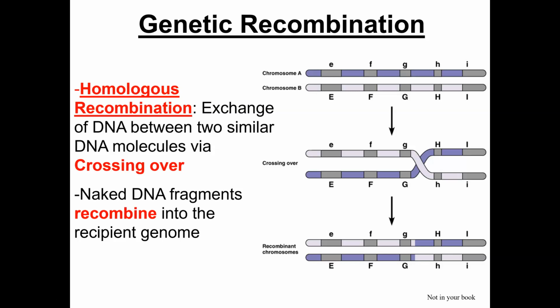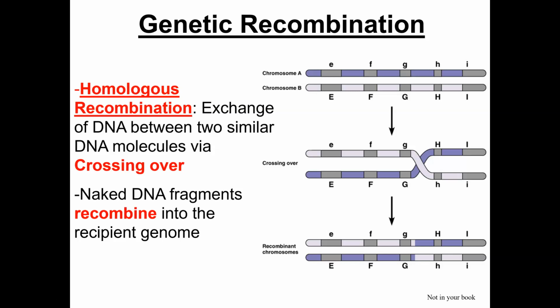So here, this is the swapping of DNA, the exchange of DNA between segments of DNA that are similar to each other. They are homologous. So this example actually happens during meiosis in humans. All right, so in the example, you have two chromosomes, A and B.